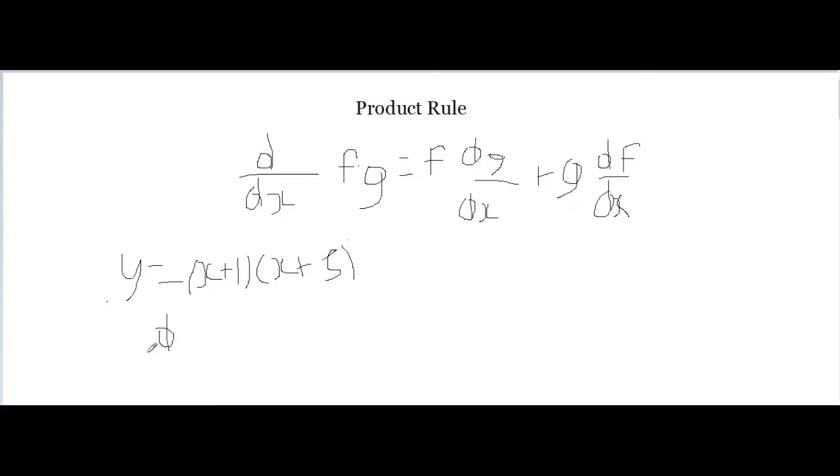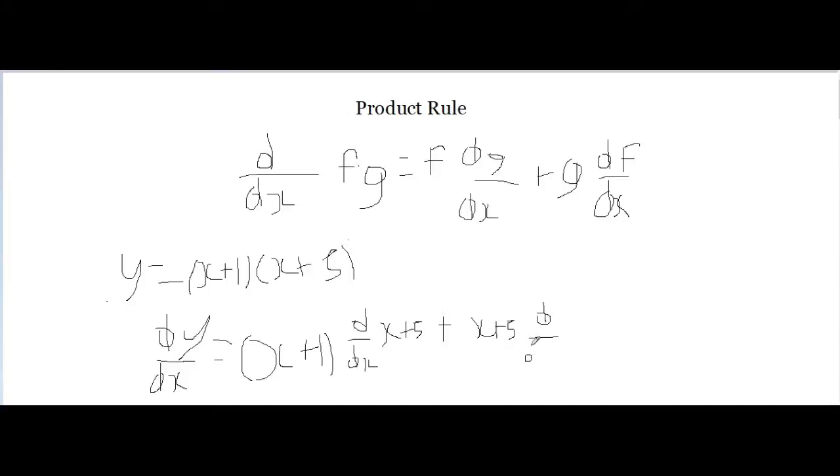We can say that dy/dx will be equal to (x plus 1) times the derivative of (x plus 5), plus (x plus 5) times the derivative of (x plus 1).